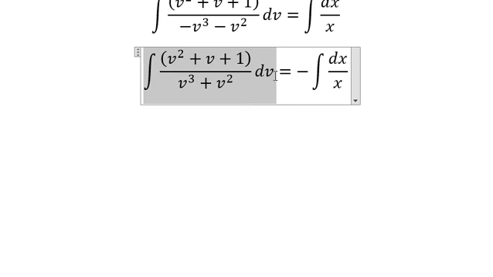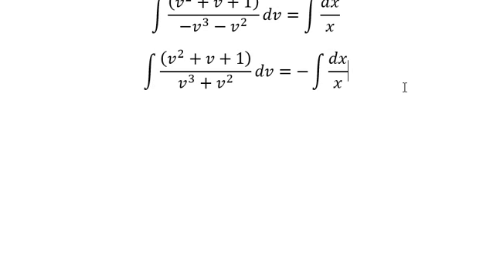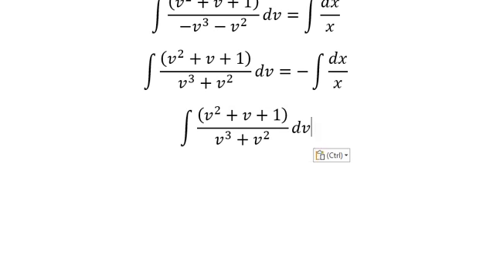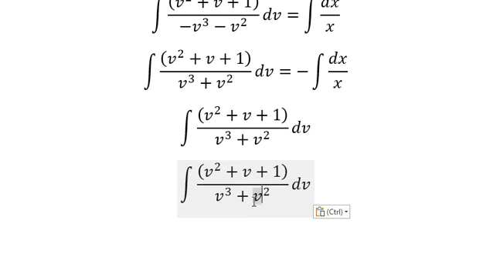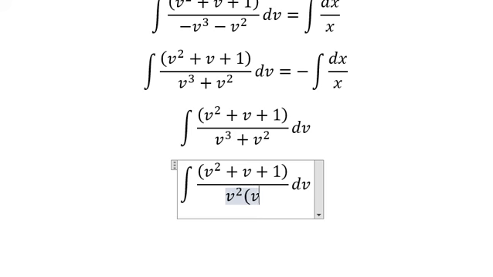Now, I will concentrate about this one only. Next, this one I can put into v squared v plus 1. Because I can do factorization by v squared in here.